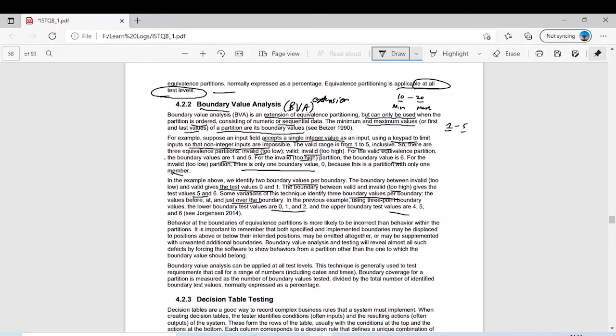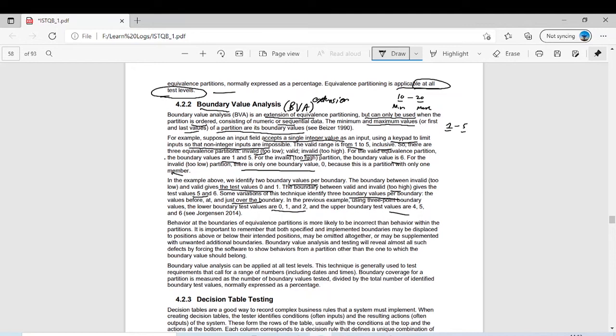Behavior at the boundaries of equivalence partitions is more likely to be incorrect than the behavior within the partition. As I gave an example, if you take any value from 1 to 5, such as 2, 3 or 4, they will behave in the same way. But values at the boundary are very critical. Normally these are the test cases or values where our system can behave as not expected.